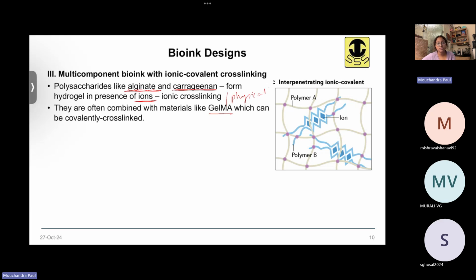You dip the structure in that calcium-ion-containing bath, so ionic cross-links are formed, and the structure is somewhat stable now. Then you do a second cross-linking step where you use UV light or visible light to finally form the covalent bonds and make the structure much more permanent. Okay.